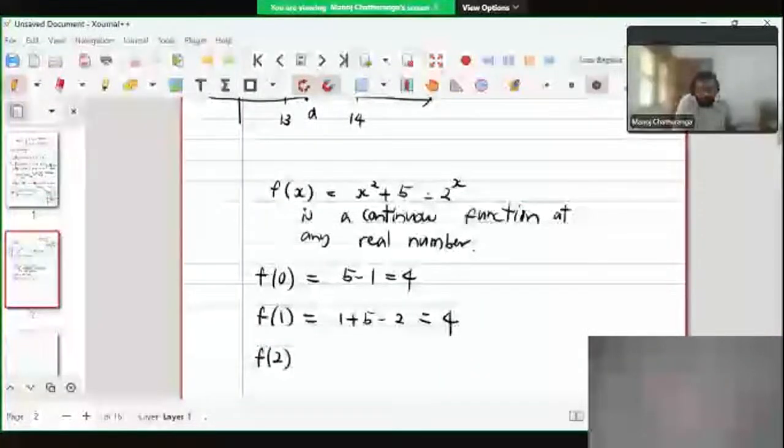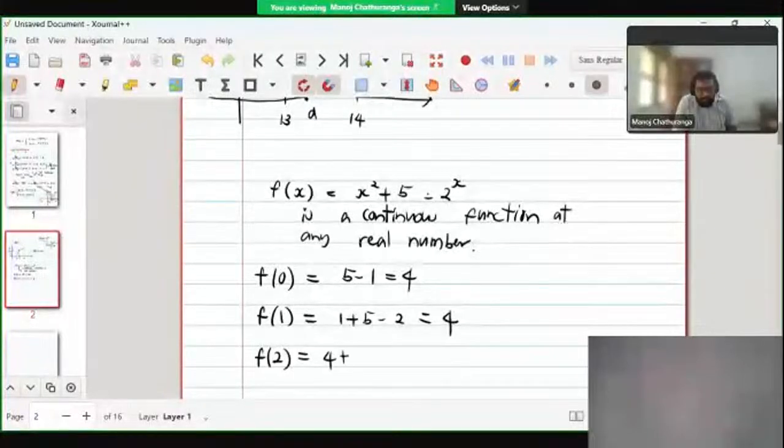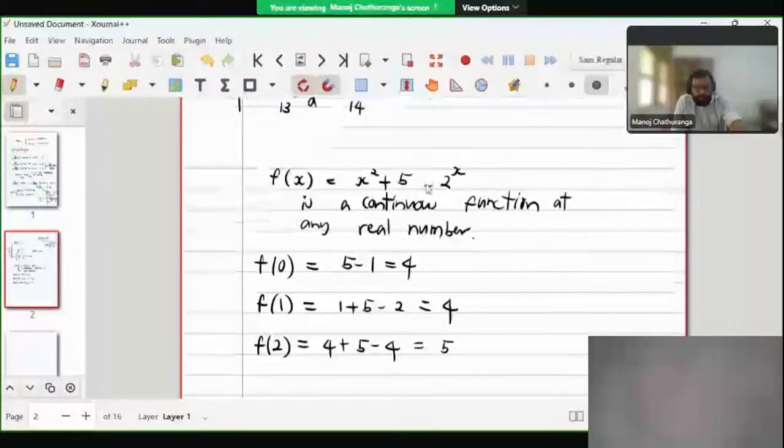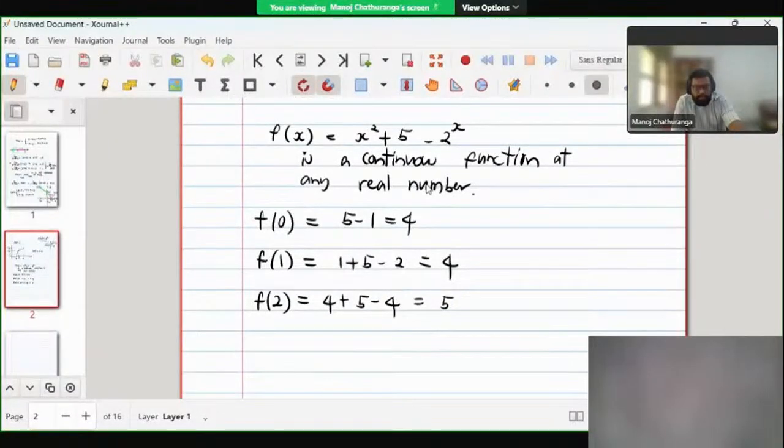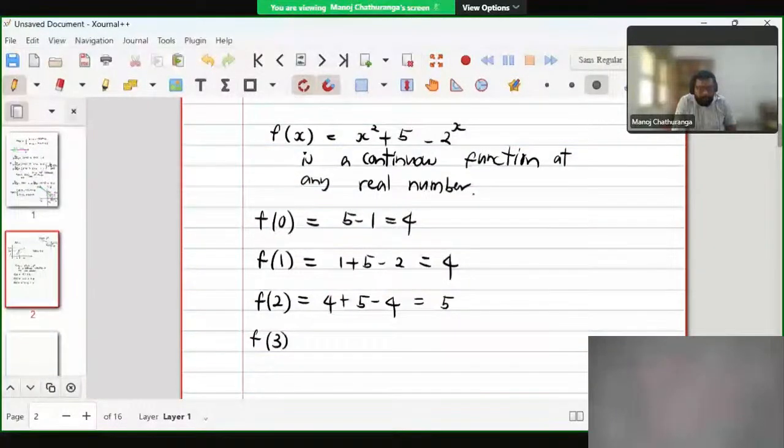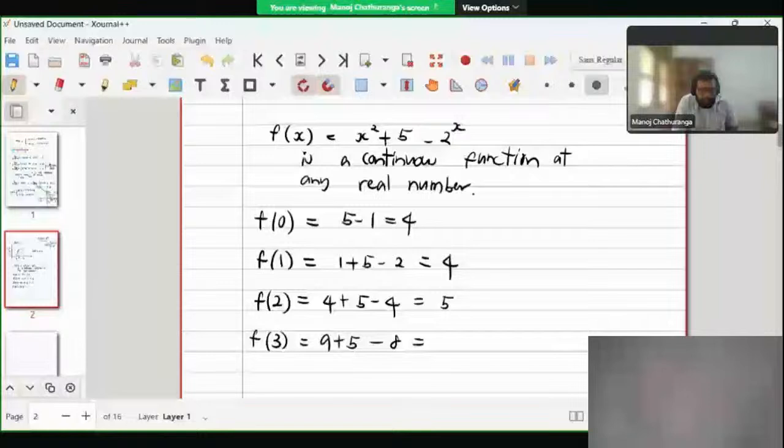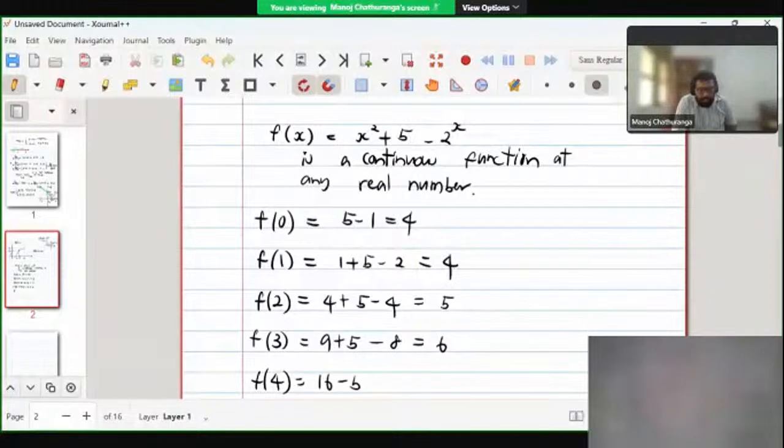F of 2: 4 plus 5 minus 4 is 5. F of 3: 9 plus 5 minus 8. F of 4: 16 plus 5 minus 16. 2 to the power 4 is 16, so 5.